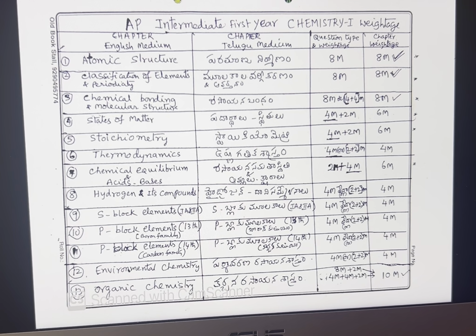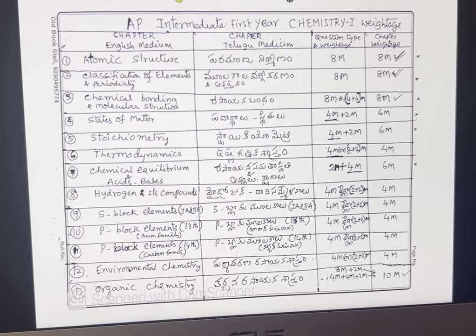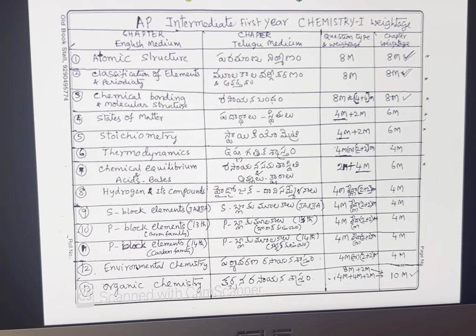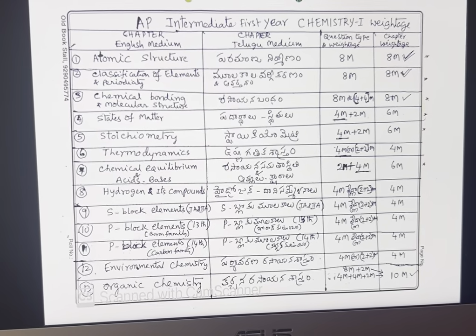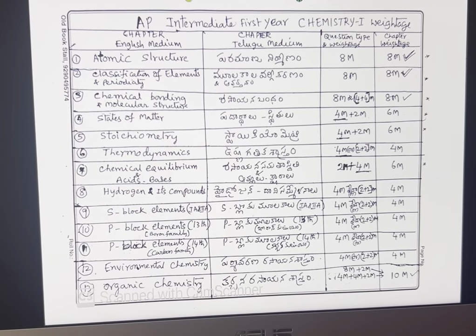Let us see the weightage of chapters of first year chemistry. There are 13 chapters, from atomic structure to organic chemistry. Not all have the same importance.